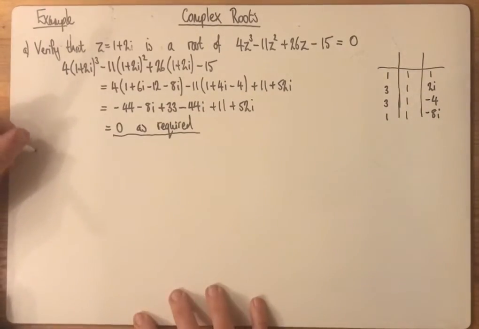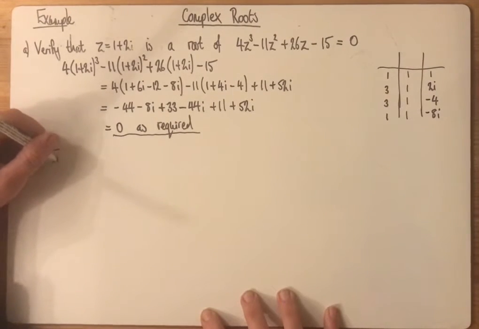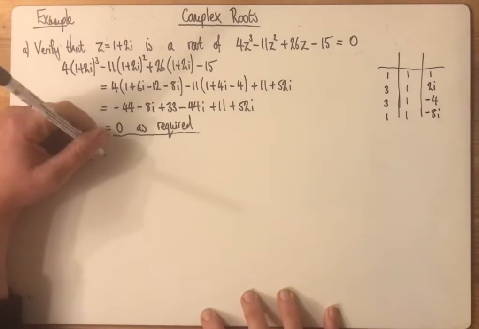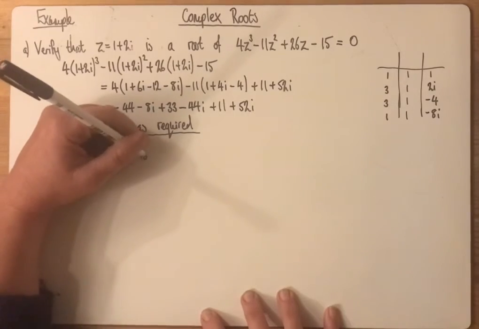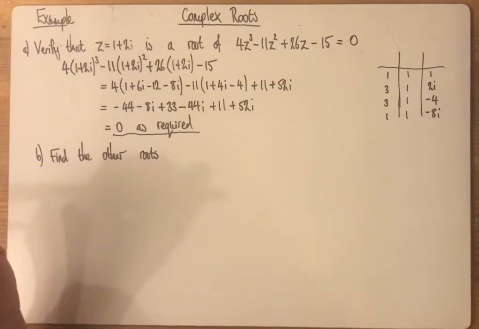And then from there we can look at finding the other roots. And in an exam you'll be told to use an algebraic method. So you can't just whack that into your calculator and write them down. That's cheating.